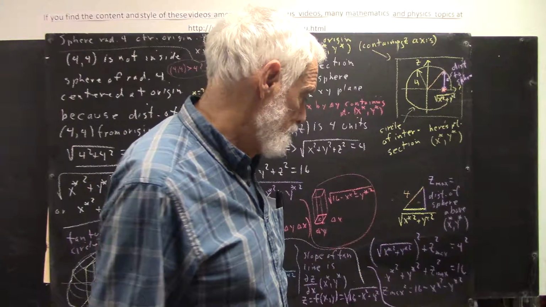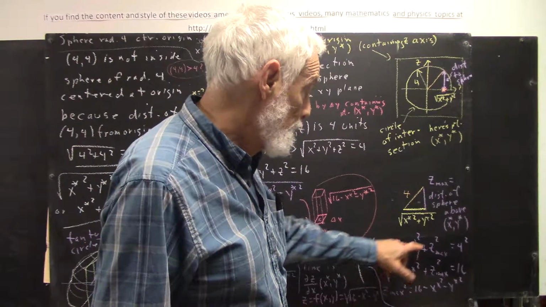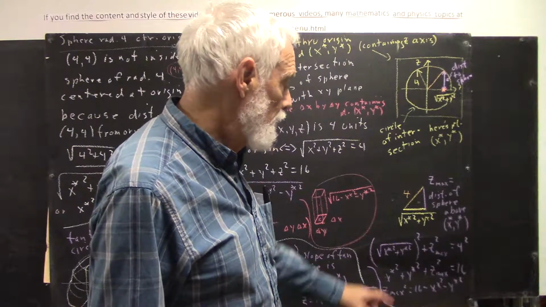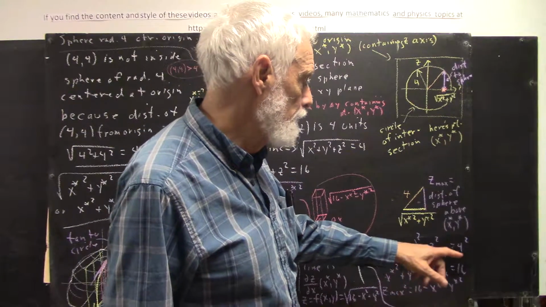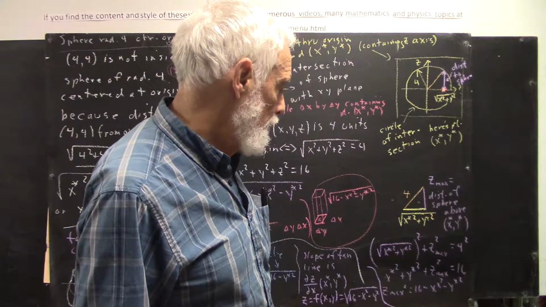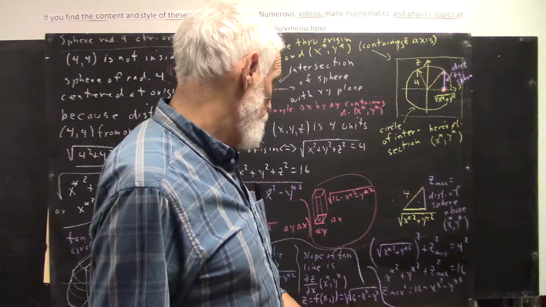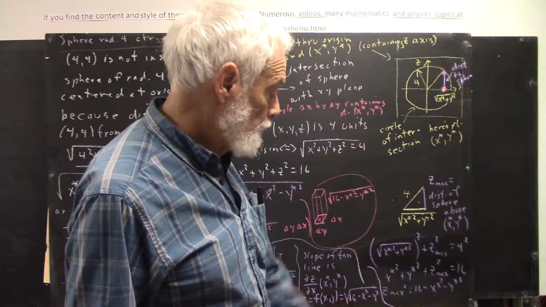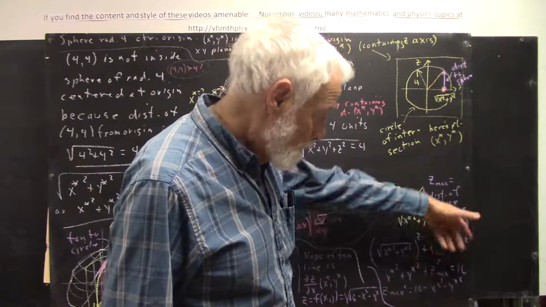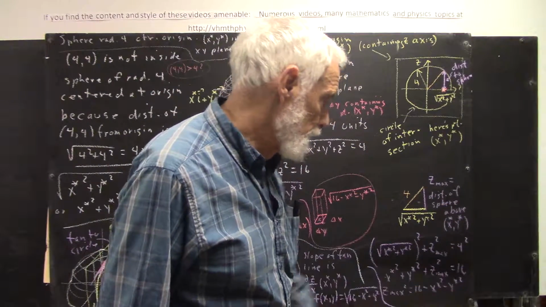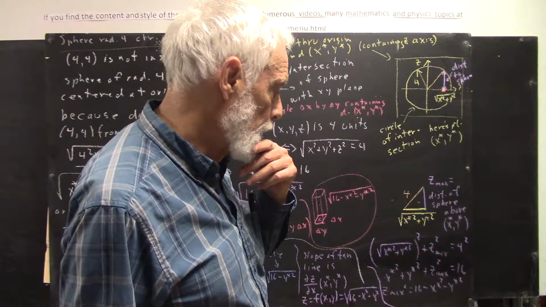Square this quantity, and you get x star squared plus y star squared. So now you have x star squared plus y star squared plus z max squared equals 16. And you solve it for z max, or in this case I solve for z max squared, so that z max would be plus or minus the square root of this expression, and that's very straightforward.